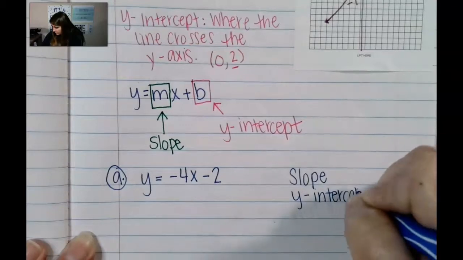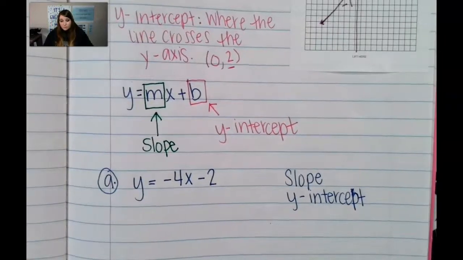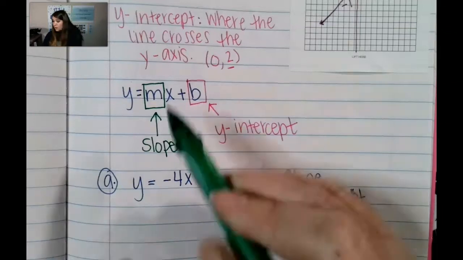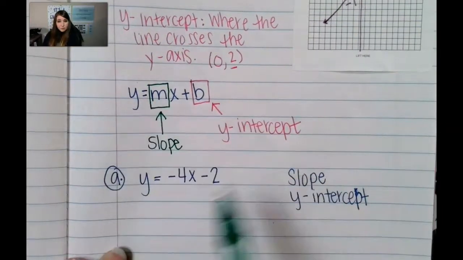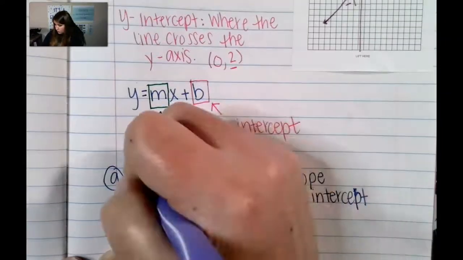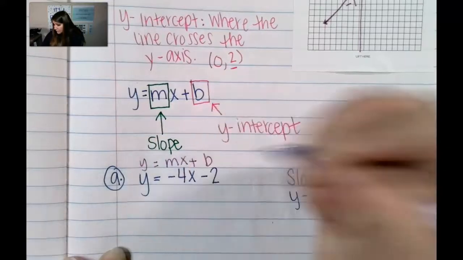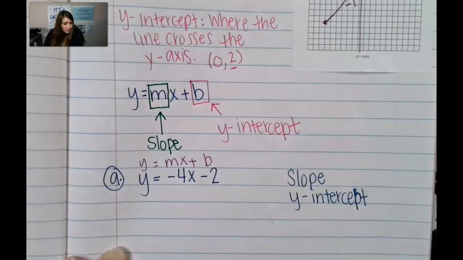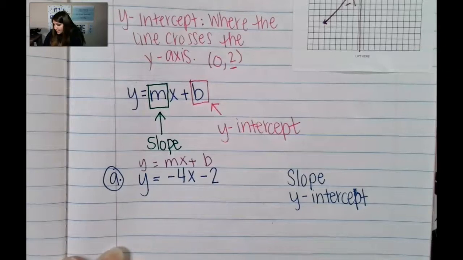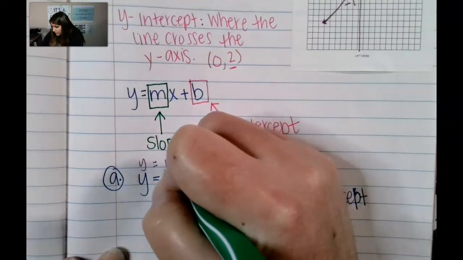Oh my gosh, I can't spell intercept. Okay, let's start with the slope. The slope is always in the spot where the m would be. So if I rewrote y equals mx plus b, I would be able to know exactly where the slope is. Well, the slope is right here.